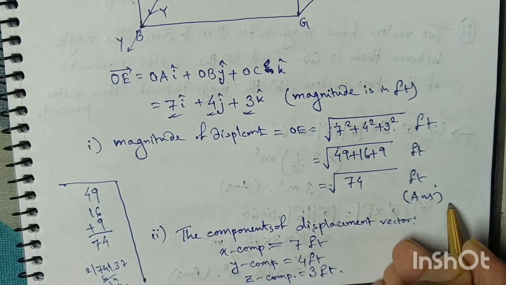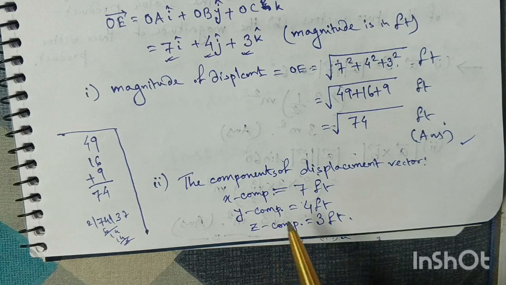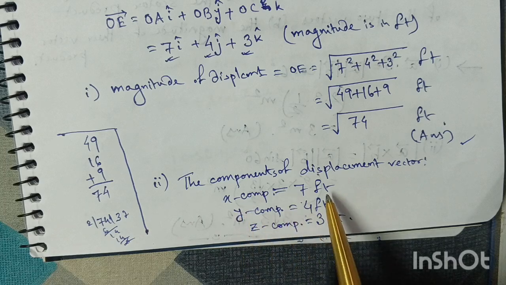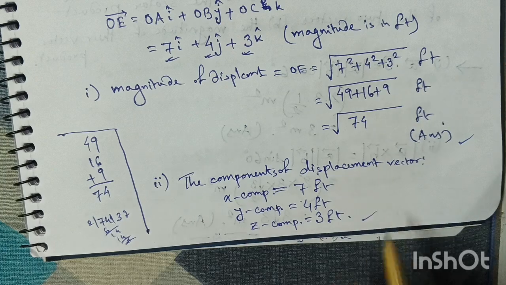This is the answer. And we have to write down the different components of the displacement vector, that is along x-axis, y-axis and z-axis. Therefore, x component is just 7 feet, y component is 4 feet, and z component is 3 feet.